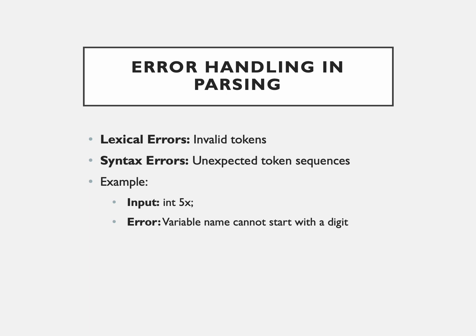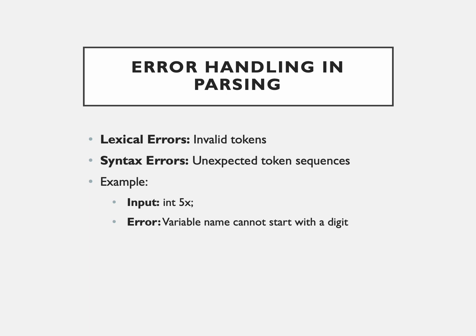Okay, now let's focus on an important aspect of parsing, which is error handling. Errors in parsing occur when the input code doesn't conform to the rules of the language, and they can generally be categorized into two types. First are lexical errors and second are syntax errors.